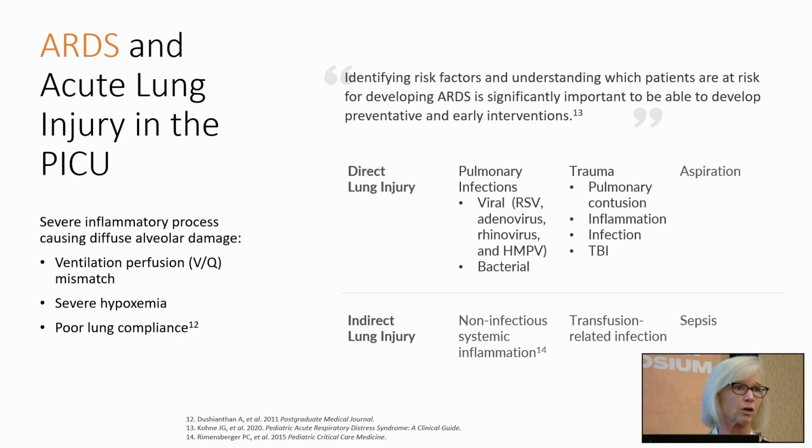Aspiration, so a lot of neuromuscular patients might have some aspirations, and that direct lung injury can lead to ARDS. We've also got non-direct inflammation, so maybe it's transfusion related. Oncology patients who are getting transfusions have some risks, and that can be an indirect lung injury, as well as patients who are septic.